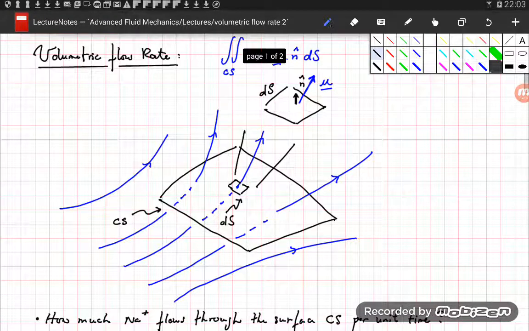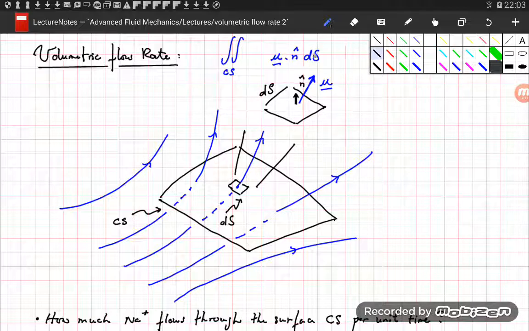And so now you see that indeed this part of the integral, this u dot n ds, does represent the volumetric flow rate through the surface.